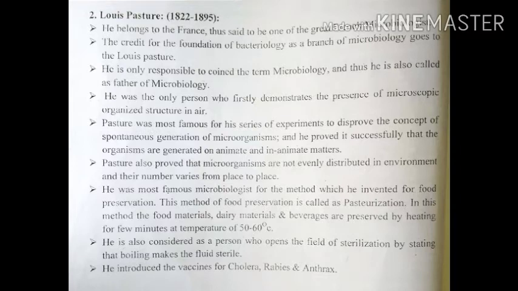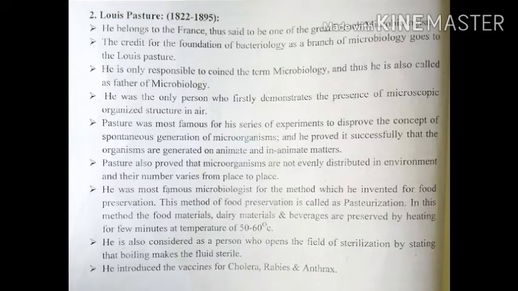Pasteur was famous for his series of experiments to disprove the concept of spontaneous generation of microorganisms, and he proved it successfully that the organisms are generated on animate and inanimate matters. So what does it mean?